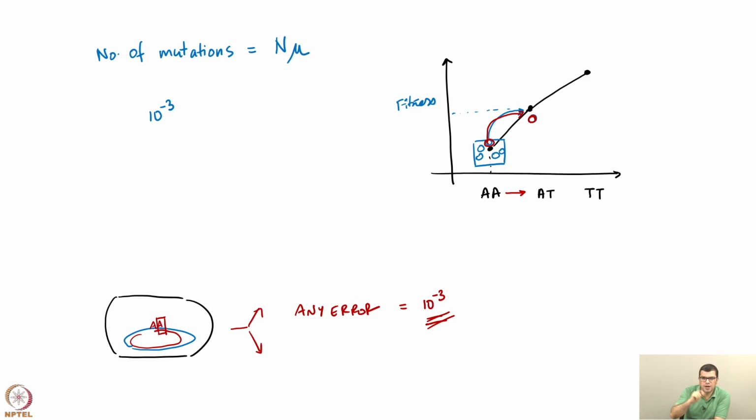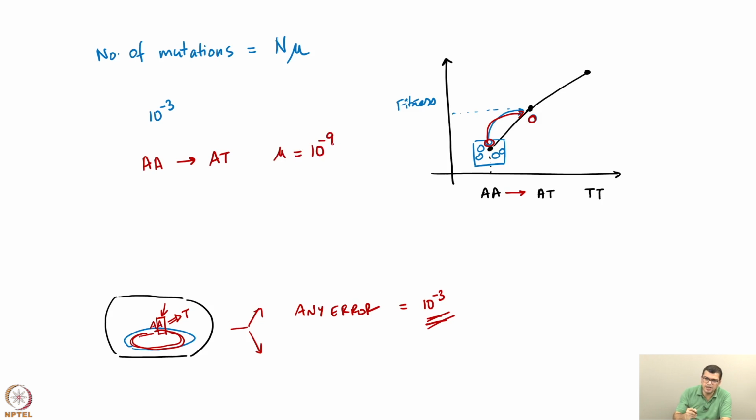You just need one mutation to move from one to the other, but in all likelihood errors are going to take place at other locations, and it is going to be extremely lucky that this A changes to T. But now let us say that the probability that this AA to AT mutation will happen is of the order of 10 to the power minus 9.